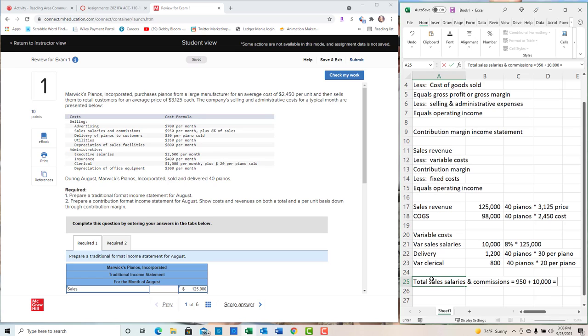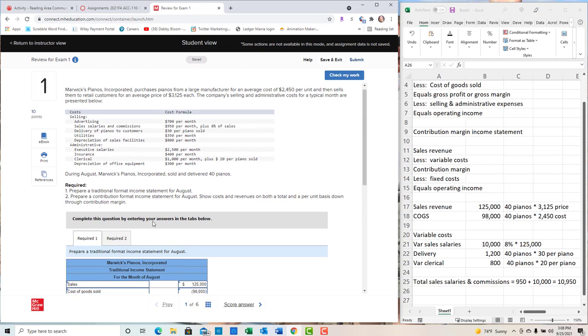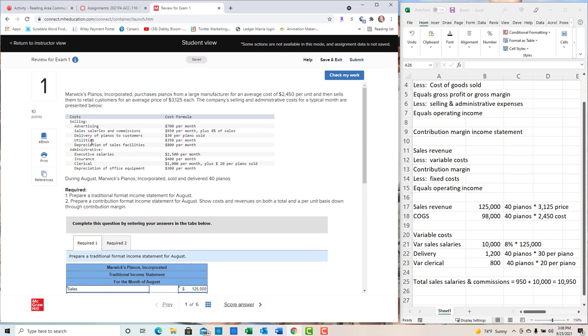So that is going to equal $10,950. So under our sales salaries and commissions, $10,950.